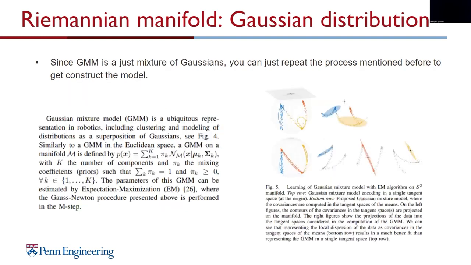Which means that if you have the mean of a Gaussian distribution, you can also do a Gaussian mixture model on this Riemannian manifold. It works in a similar way, but with more iterations for calculating the mean. This shows how learning and clustering on a Riemannian manifold is more accurate than other ways.